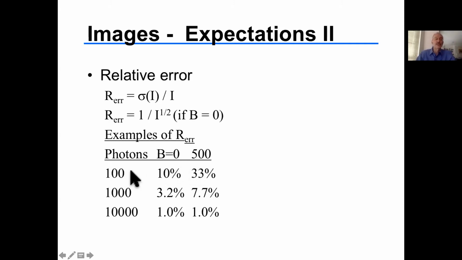So the signal to noise here is at best, no matter what you can do, 10 for 100 photons. But if you throw in some X-ray background, the signal to noise could be 3, for instance. Of course, if you have a lot of photons and the background is small relative to these photons, the signal is not degraded.